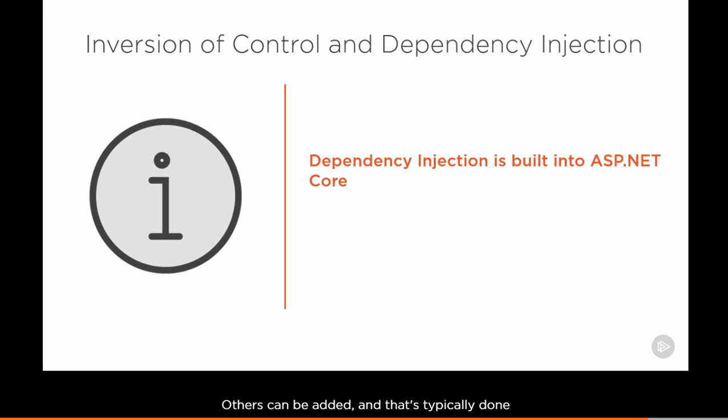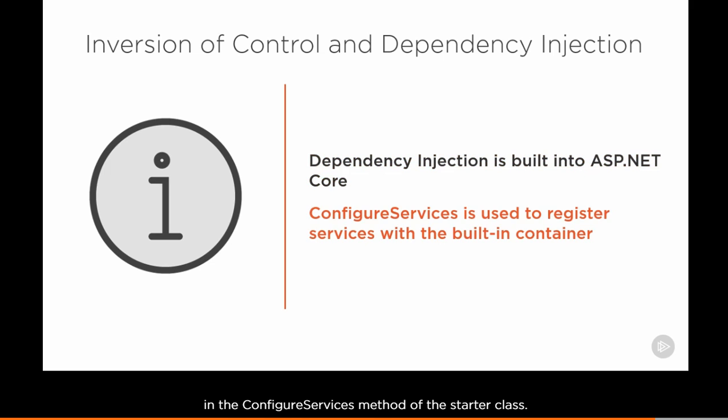Others can be added, and that's typically done in the ConfigureServices method of the Startup class. Both framework services and our own application services can be added. In fact, we already did that in the second module when we registered the MVC framework services. Let's see how we can inject one of the built-in services, a logger, into a controller in the demo.